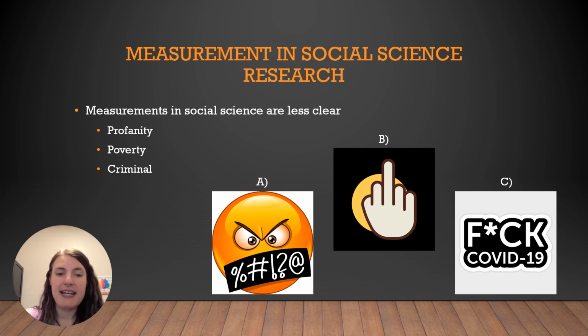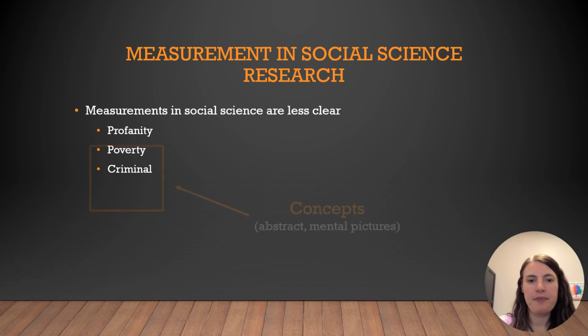Image A doesn't contain any specific profanity, but it's implied by the use of symbols and the angry face. Image B has a cultural meaning that is profane, but again doesn't actually say a profane word. And image C contains a profane word, but one of the letters has been replaced. So are all of these counted as profanity? Just image C, image B and C, or none of them?